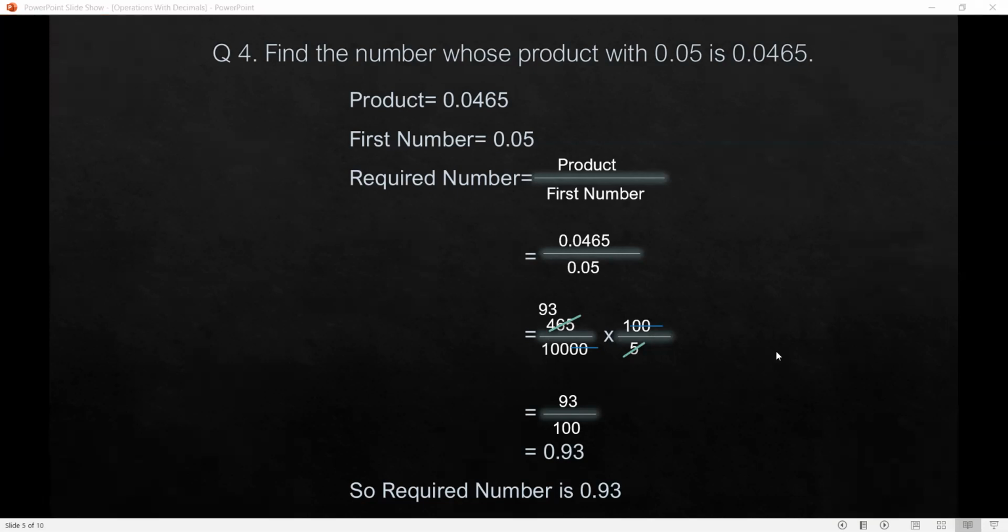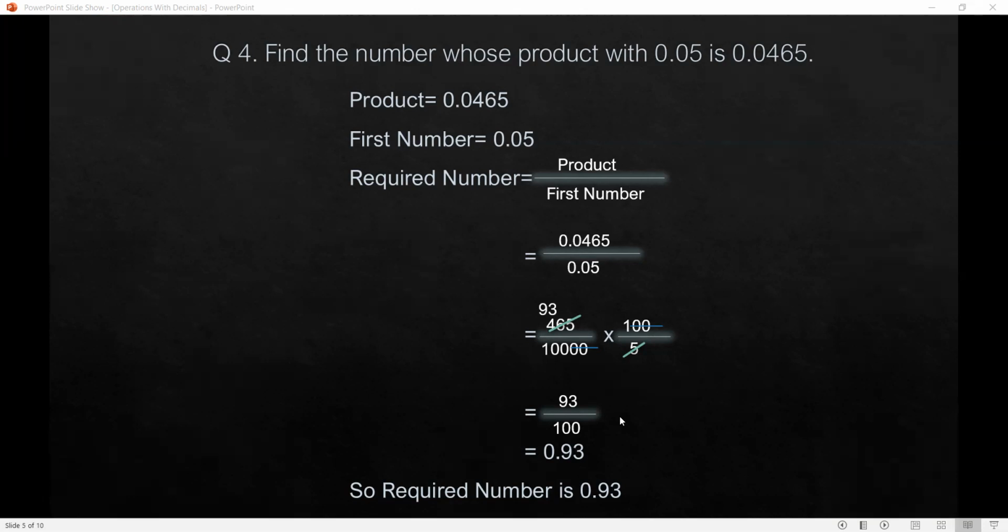That is 10. So now we can cancel. The last 2 digits will cancel with the last 2 digits of the denominator. And we can cancel 465 by 5, and it will be 93. 93 ones is 93 and the denominator is 100. Now we get 93 upon 100. So we can remove the denominator by putting the decimal.